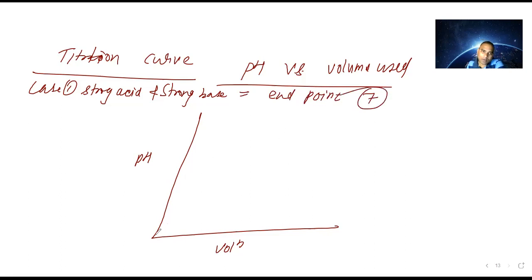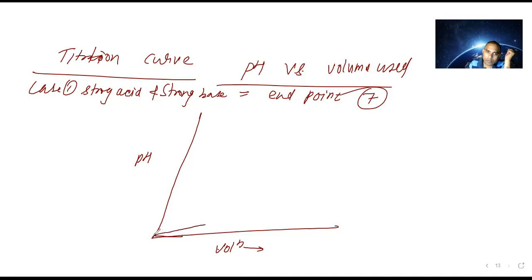Initially, if you keep increasing the volume, pH will slightly increase. Suppose a highly acidic solution is there, adding water, the strength will slowly decrease and pH will go up. Yes or no? So the curve is something like that.